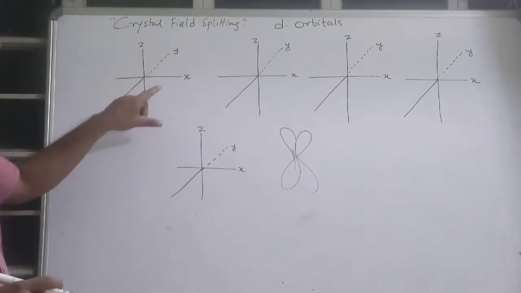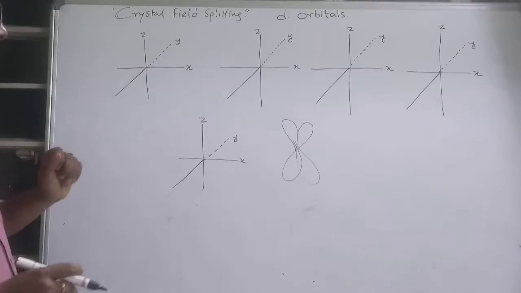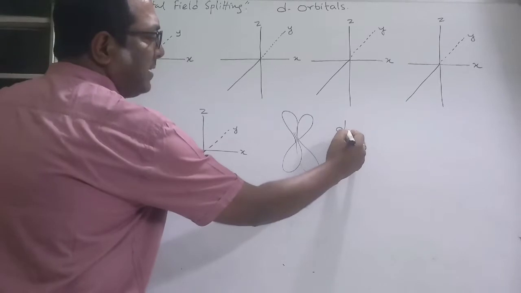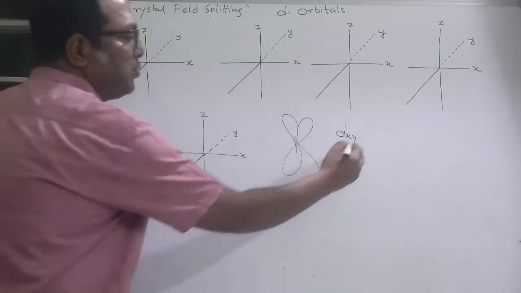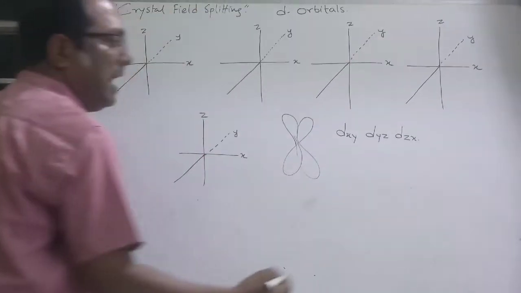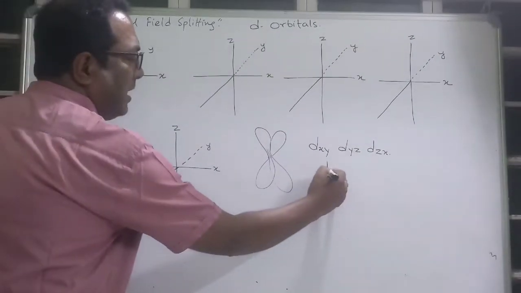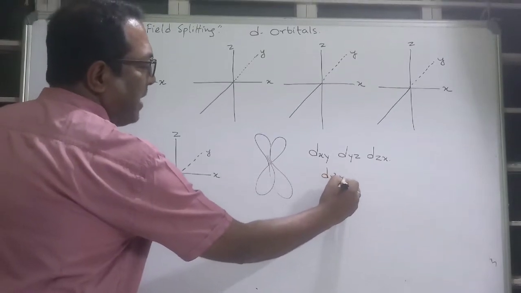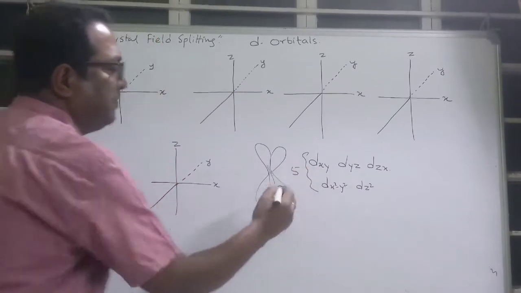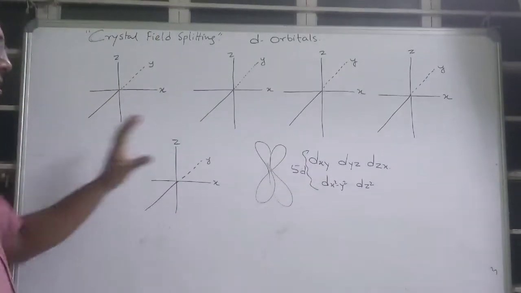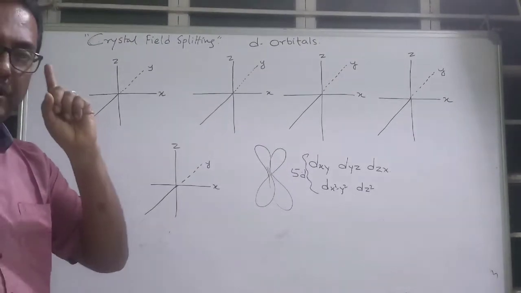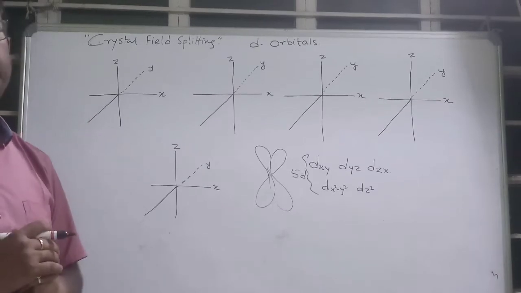We have the 3 axes x, y and z, and 3 d orbitals known as dxy, dyz and dzx, and 2 more d orbitals called dx square minus y square and dz square. In total we have 5 d orbitals. How are these 5 d orbitals oriented in space? This is the first and foremost thing that you should know.